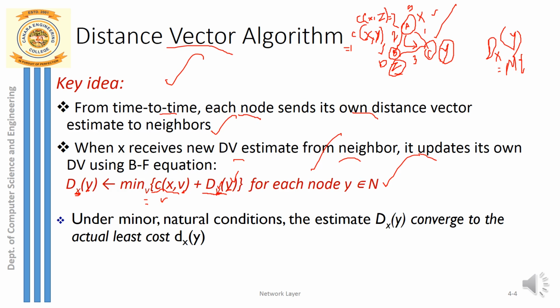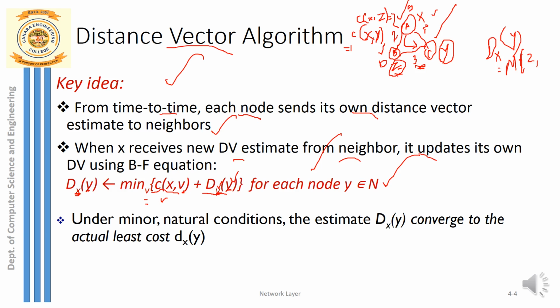So if I'm calculating using the Bellman-Ford equation, the first part is the cost to reach from X to V. So the cost to reach from X to Z I need to know. I have already calculated that, it is 2. So the cost to reach from X to Z is nothing but 2. Next, the distance vector that node Z has calculated, the distance to reach from Z to Y. That distance is 3.